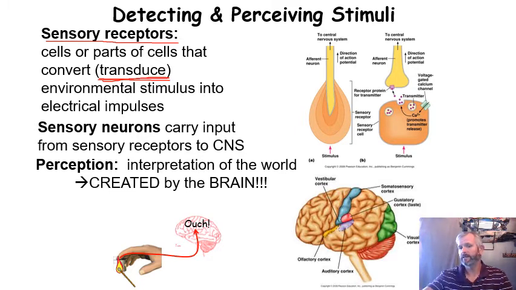For light, it's the photoreceptors in the eye. For smell, there are neurons with receptors on them that respond to different odor chemicals. Basically, these receptors turn the stimulus, once they're activated enough, into an electrical impulse, into the action potential. That process is called transduction.